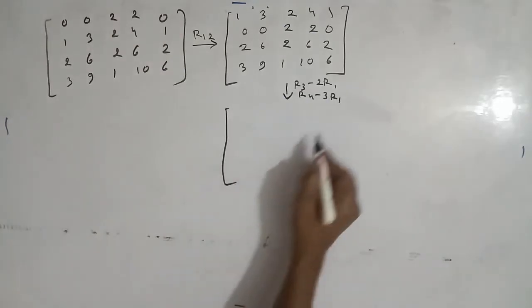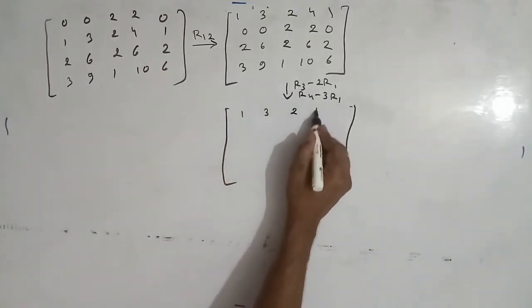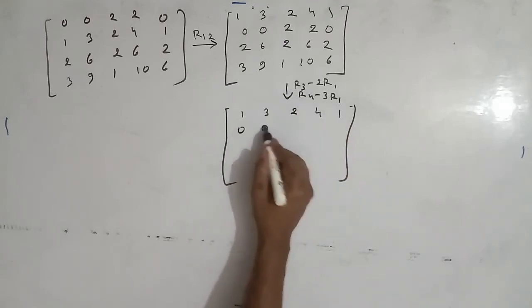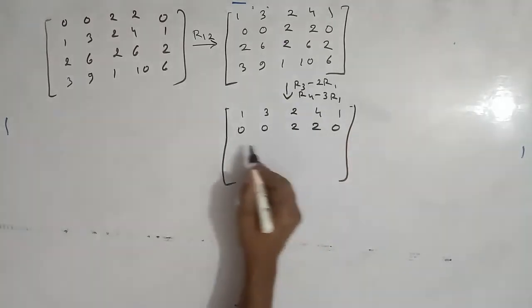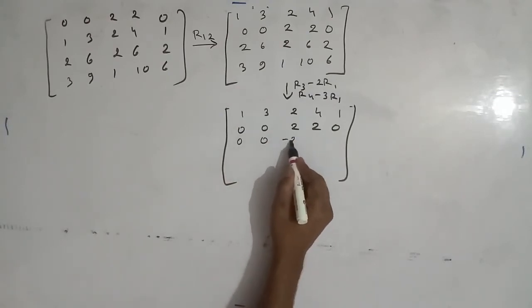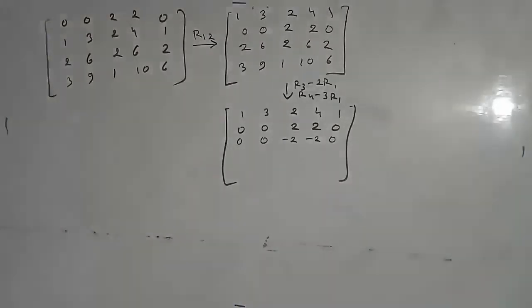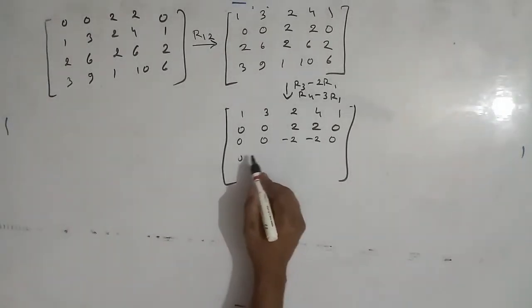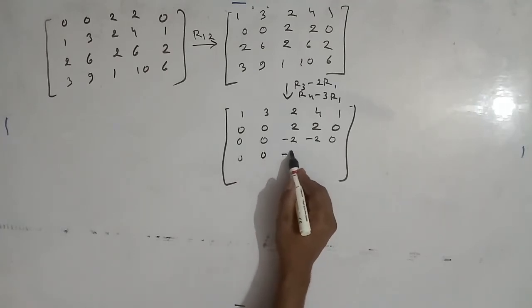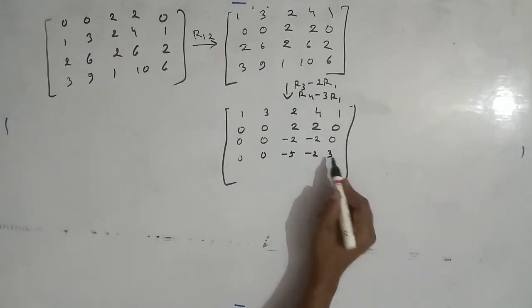So this will be 1 3 2 4 1, 0 0 2 2 0, 2 minus 2 0, 6 minus 6 0, 2 minus 4 is minus 2, 6 minus 8 minus 2, 2 minus 2 0. Okay, and R4 minus 3 R1 will be 0 0, 1 minus 6 minus 5, 10 minus 12 minus 2, 6 minus 3 is 3.